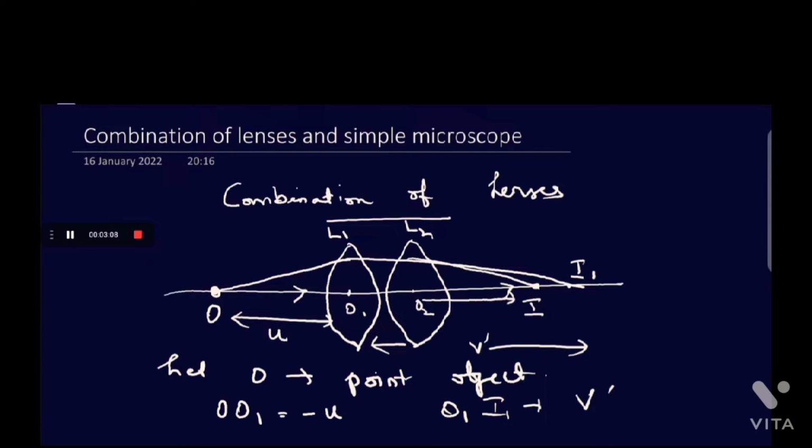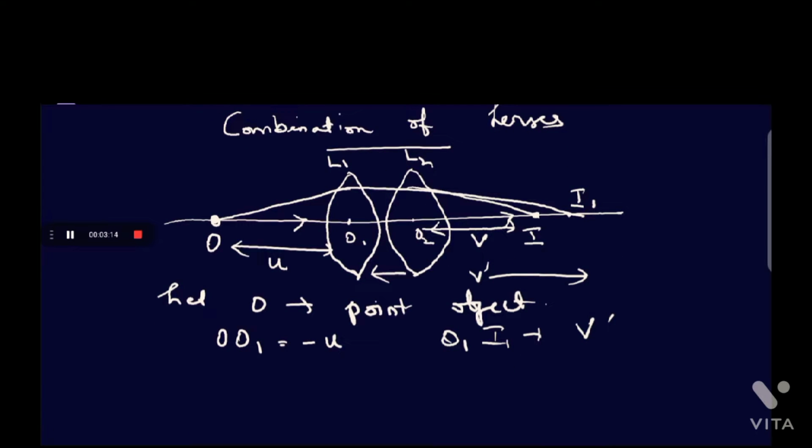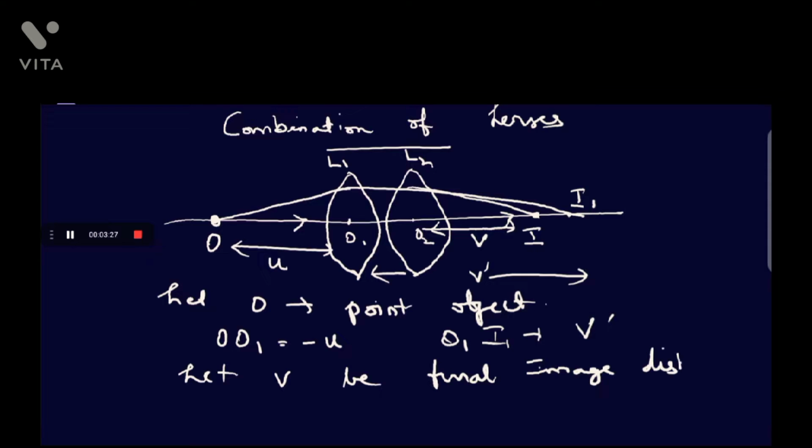So this one will be taken as V, the image distance, the final image distance. So this is the concept in case of your combination of lenses.